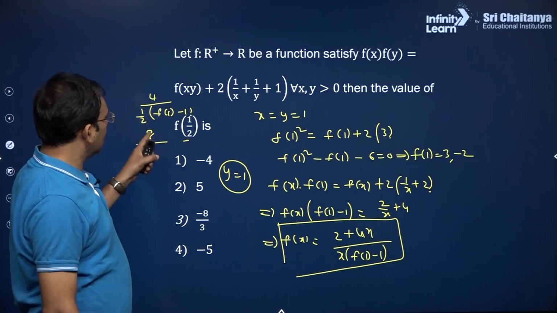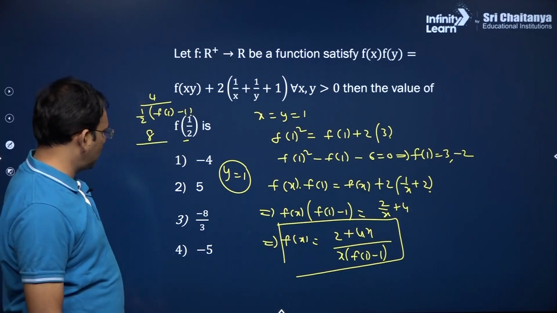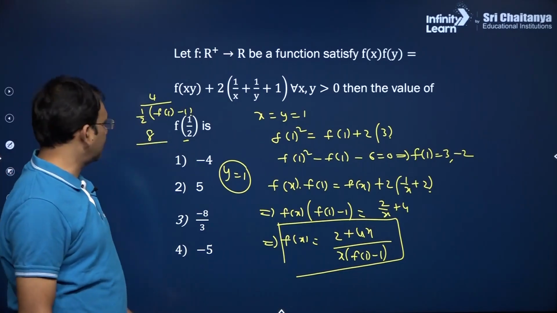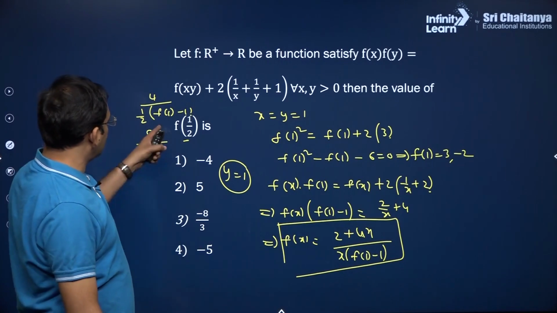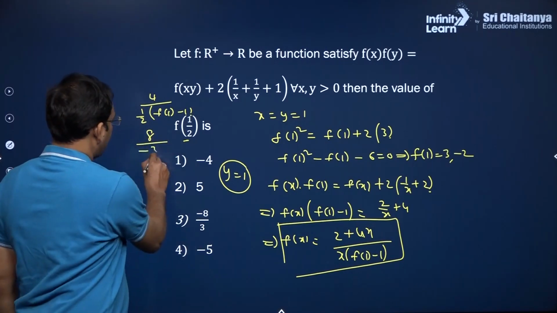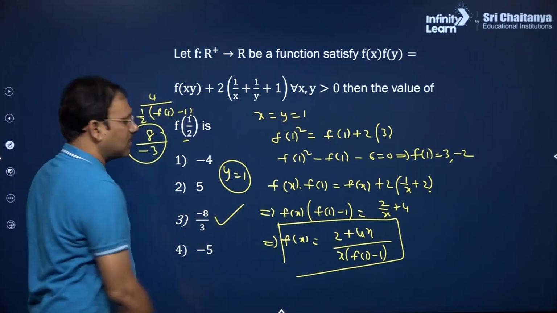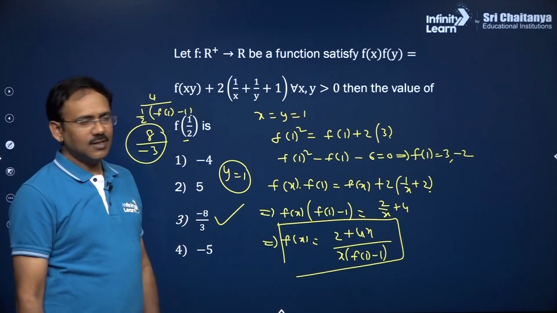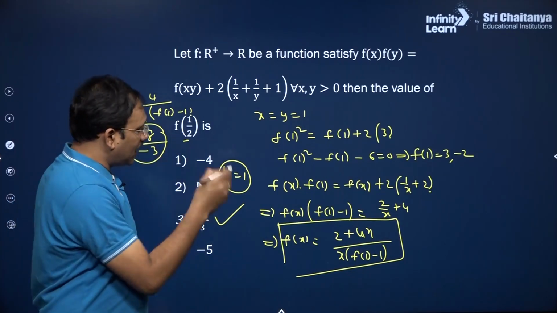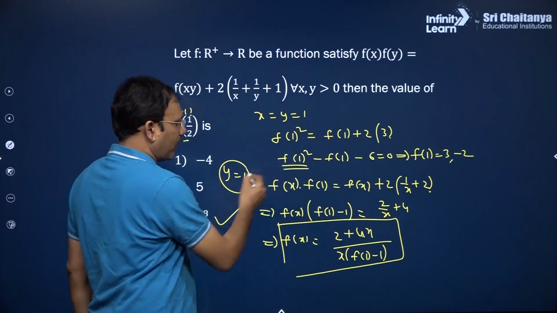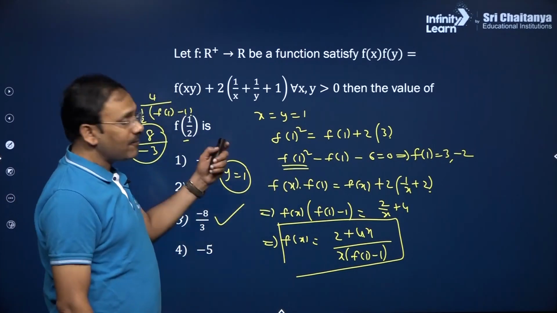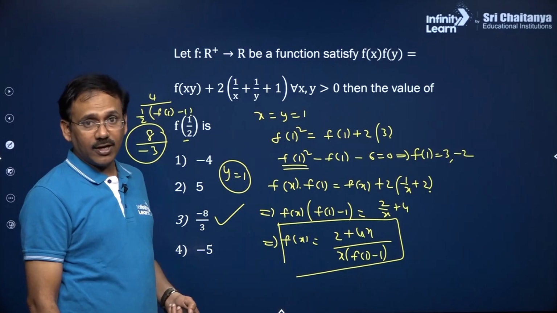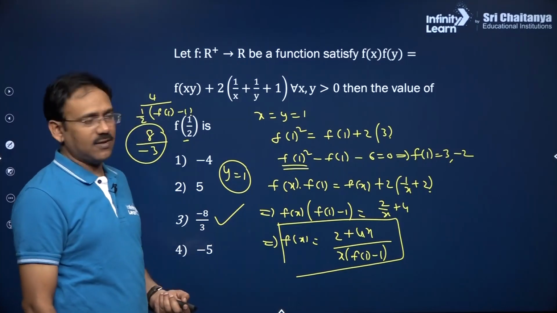If you take 3, 3 minus 1 is 2, 8 by 2 is 4, that option is not there. If you put minus 2, minus 2 minus 1 is minus 3, minus 8 by 3, that option is there, you take this option, that is all. So as we require f of 1, first I could find f of 1, then nullify one of the variables like y, then you will get a relation in x itself.